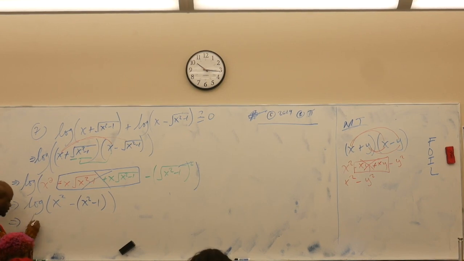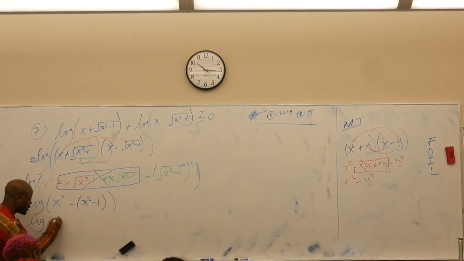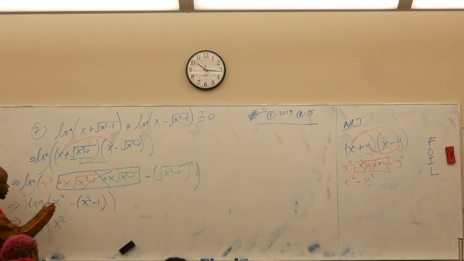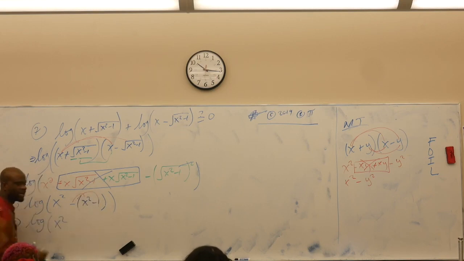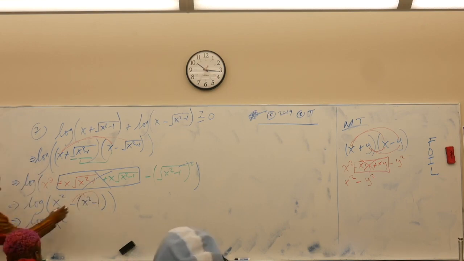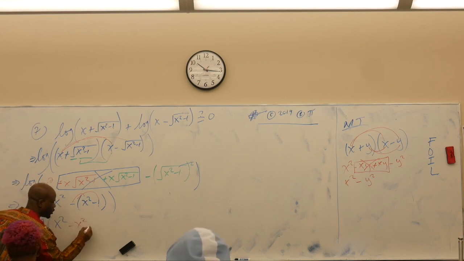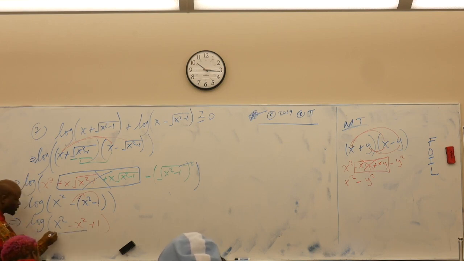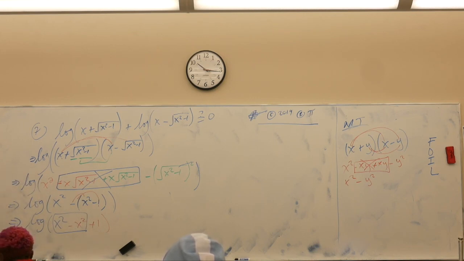So this is the log of x squared. Now this negative applies to everything in here, so you get a negative, everybody gets a negative. So this is a negative x squared and a positive 1. And the x squared cancel out, right? Everybody see that?